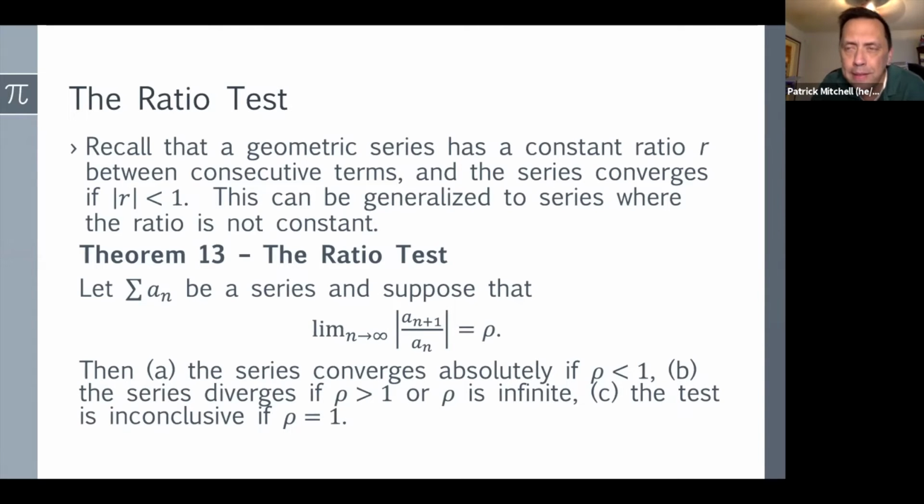All right, now what about the case where rho equals 1? Well, with a geometric series, if r equals 1, the series diverges. Unfortunately, that does not transfer over to the ratio test. If you use the ratio test and rho equals 1, the test is inconclusive and you have to try a different test.